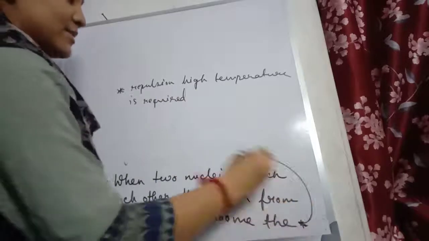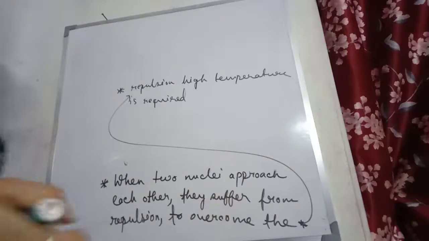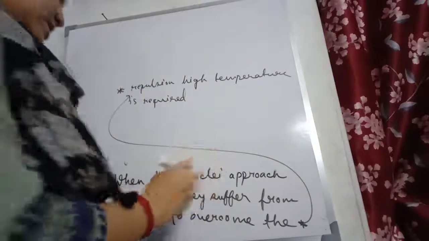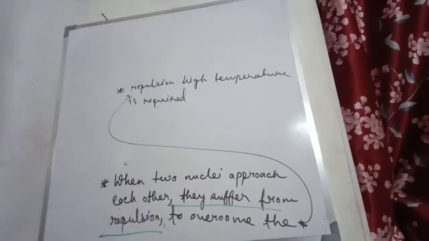Okay, it is continued again from here. When two nuclei approach each other, they suffer from repulsion. To overcome the repulsion, high temperature is required. So here the reason is they suffer from repulsion. Due to this, they need higher temperature to perform the reaction.